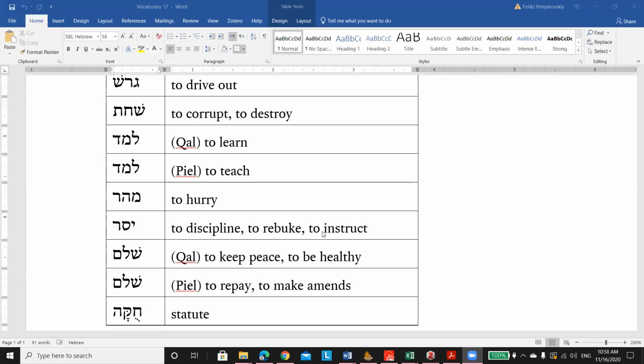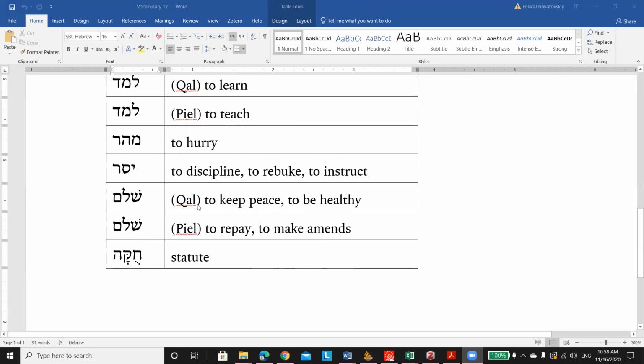Yasar is to discipline, to rebuke, to instruct. And Shalom, it is attested in two binyans. In Kal, it has a meaning related to peace, or to be healthy, to be wholesome. And in Piel, it has a completely different meaning, to repay, to make amends.